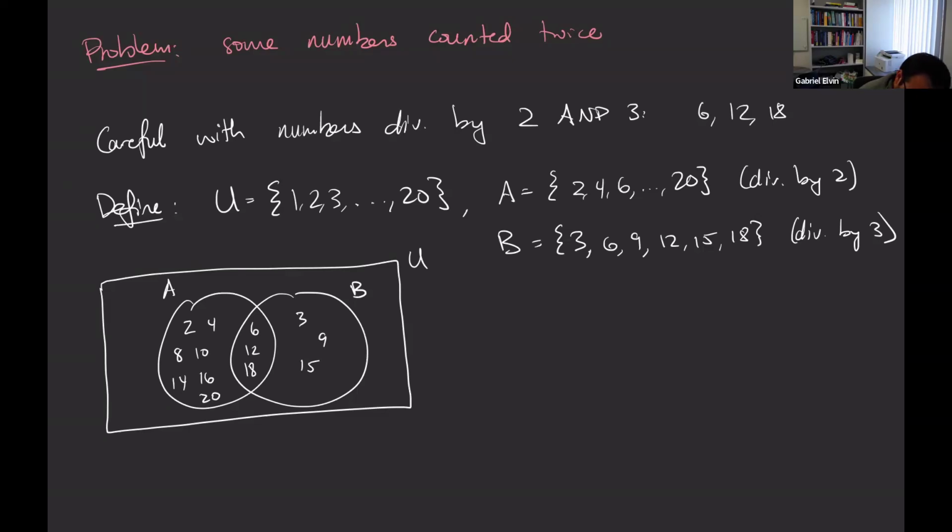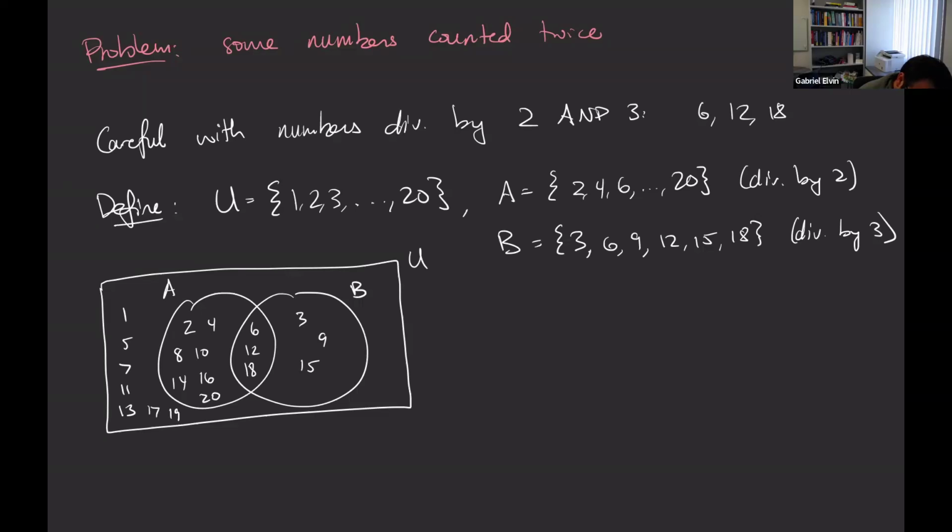And then that's it for A or B. Outside are 1, 5, 7, 11, 13, 17, and 19.